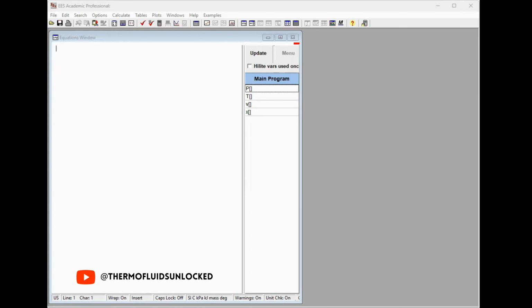So today I'm just going to start with the introduction of the interface of this software, which we call the Engineering Equation Solver, also called EES. And we are going to get to know the interface and the functionality of a few options as the starting point.